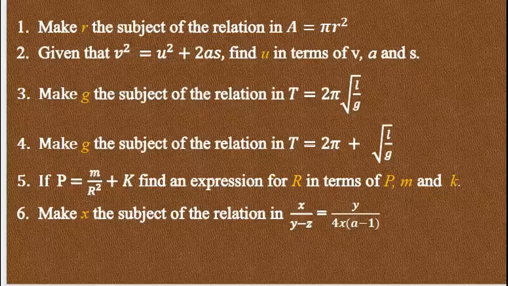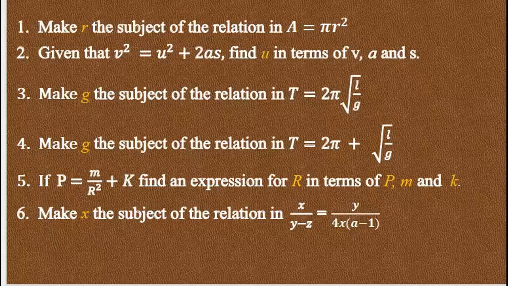So let's take a look at the fourth question. Make G the subject of the relation in T equals 2 pi plus the square root of L over G. Now, you can notice that 3 and 4 are quite similar but not the same. The only difference is that between the 2 pi and the square root of L over G, there is a plus sign.